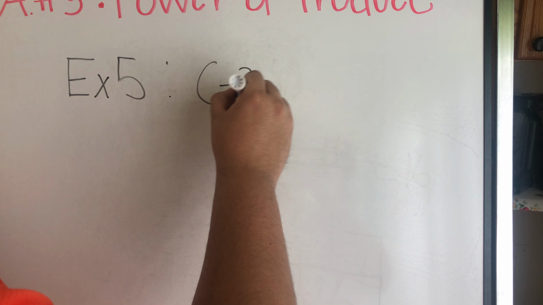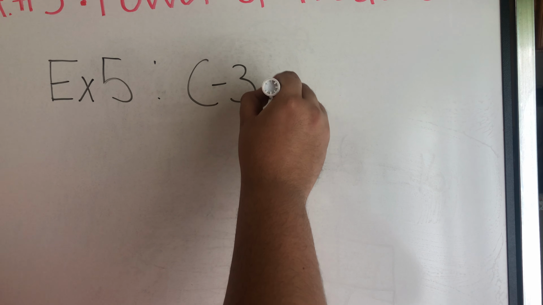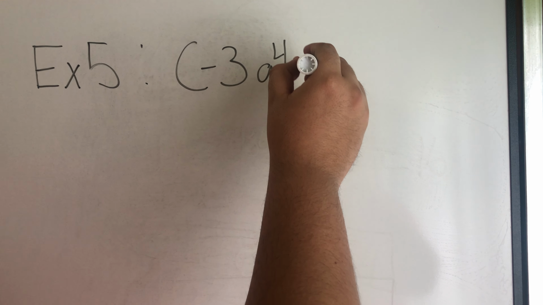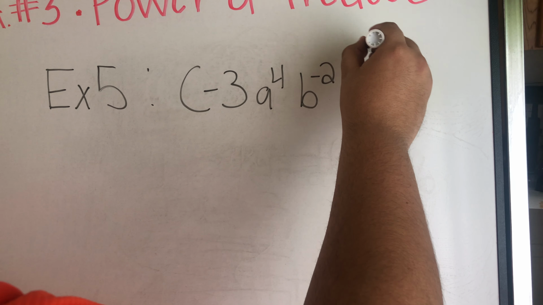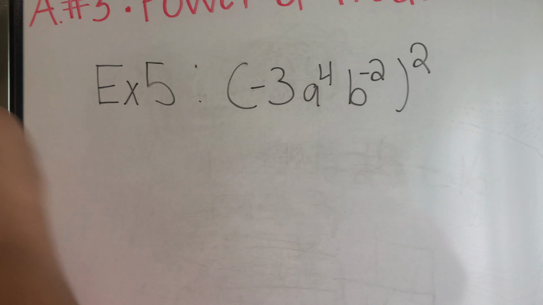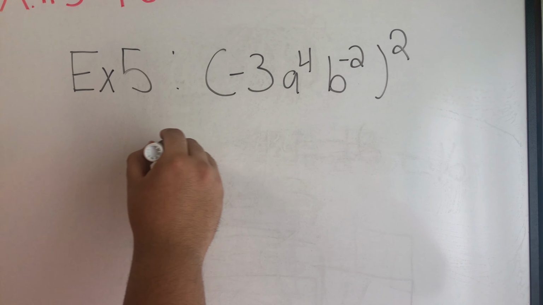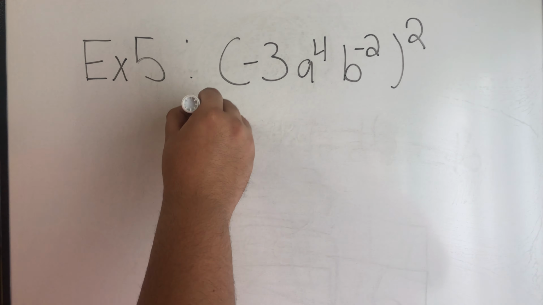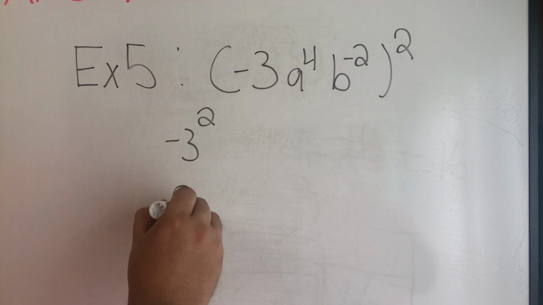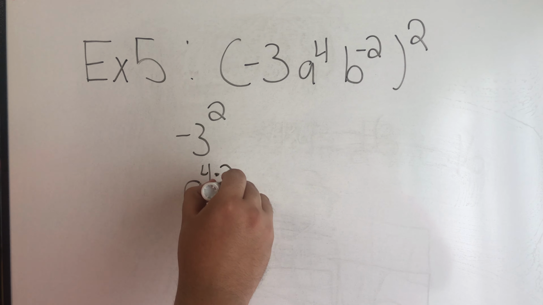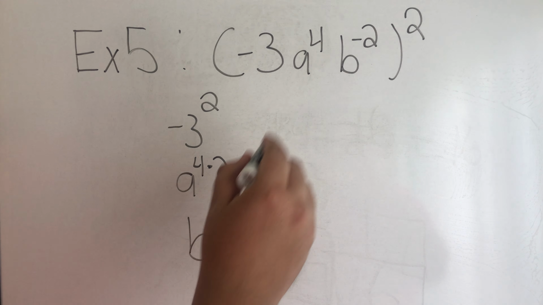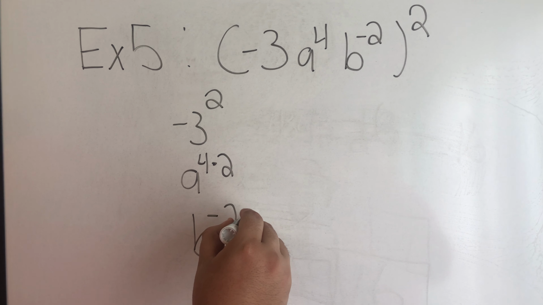Let's say negative 3, a to the power of 4, b to the power of negative 2. And all that is being raised to the power of 2. So let's begin. We're going to have negative 3 to the power of 2, a to the power of 4 times 2, b to the negative 2 times 2.